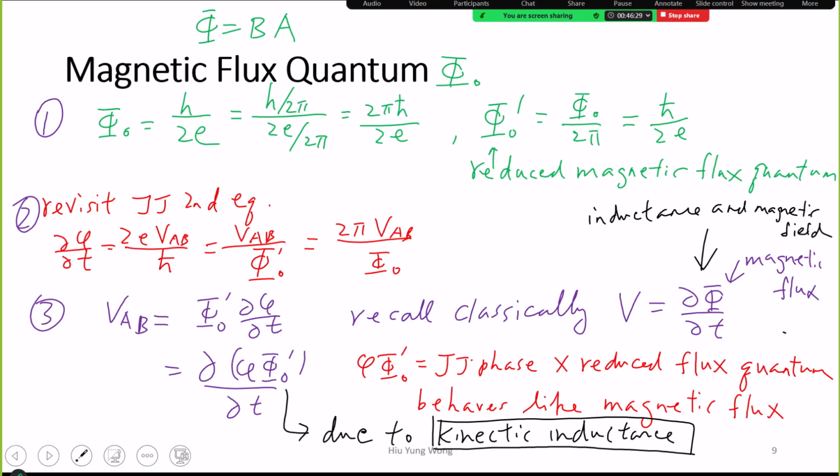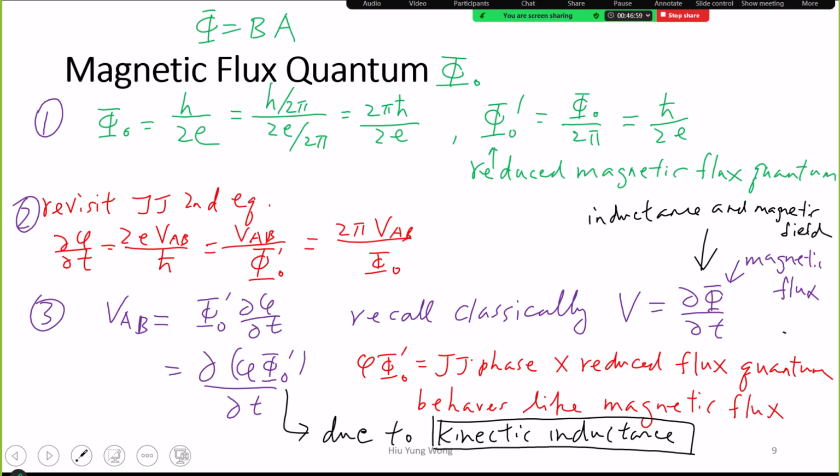But after all, what do you need to learn? Magnetic flux quantum. You agree that there's a magnetic flux quantum that is h divided by 2e. That is related to the minimal magnetic flux you can have in the loop, and it depends on the universal constants h and e. So that's why we can write the second Josephson junction equation as V_AB divided by phi naught dash.